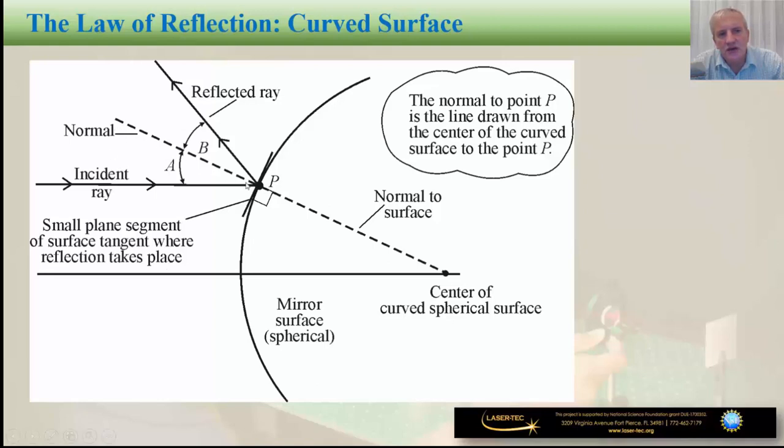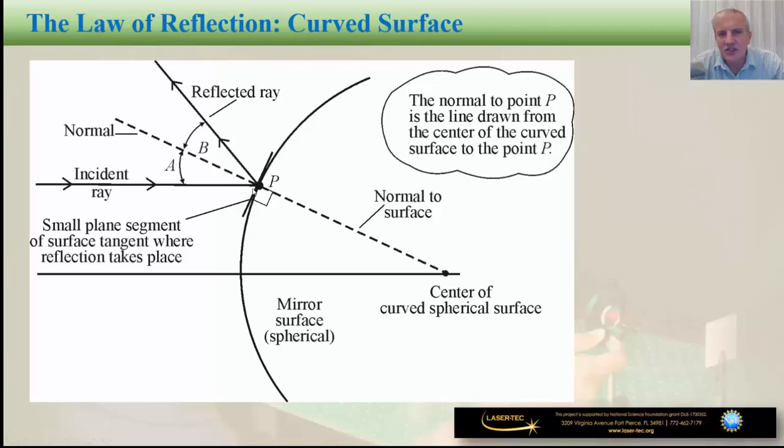Once you have created the reference line, you apply the concept in exactly the same way as on the previous slide in the case of the plane surface, where you look at the incident light ray, establish the incident angle A, and then on the other side construct the same angle, identical to the incident angle A, to establish the direction of the reflection of this specific light ray.